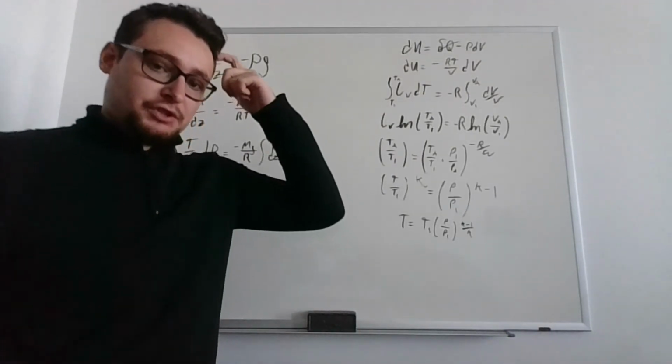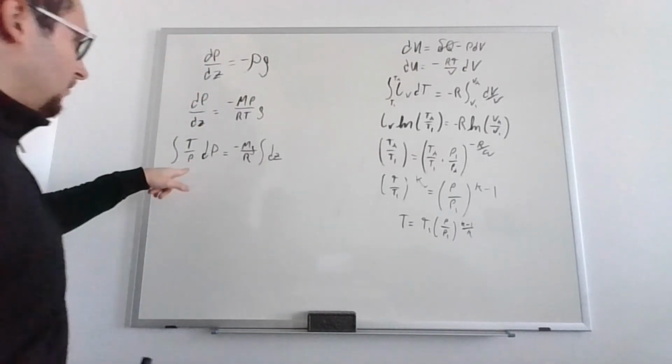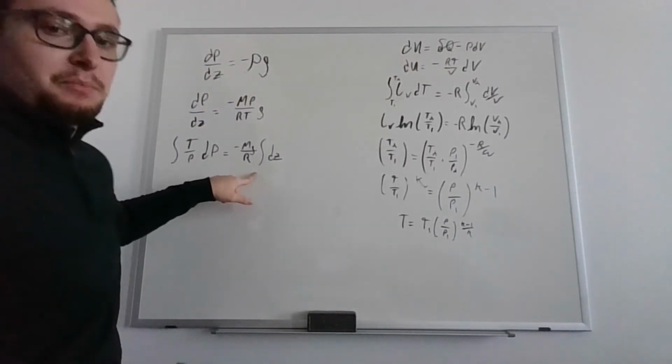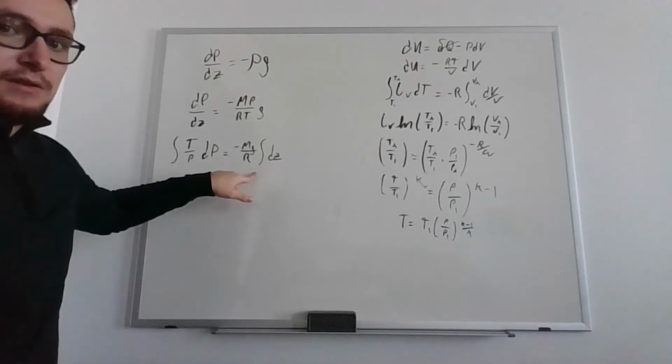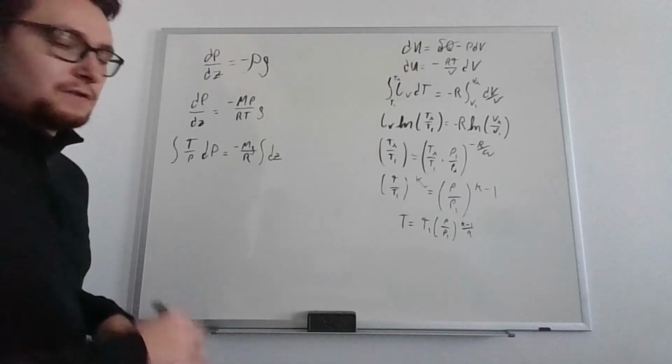Boom. We have a relationship of our final temperature with pressure, and we can move that over here to then get their relationship with a change in altitude. So let's write that in real quick, and we can set up this integral and make it look a little nicer.